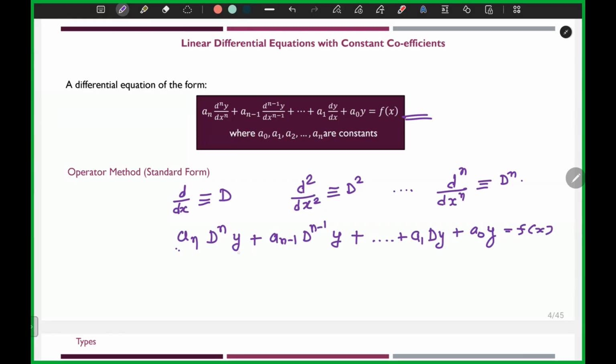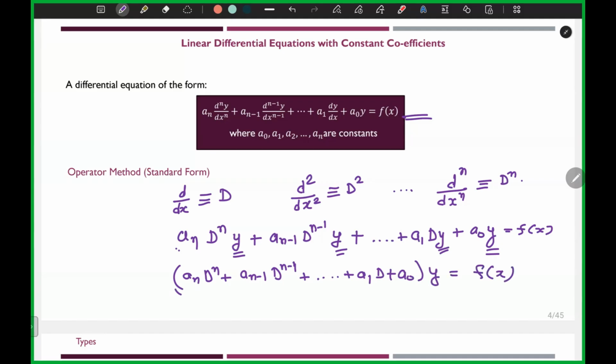So we can take y common from here. It is nothing but (a_n D^n plus a_(n-1) D^(n-1) plus ... plus a1 D plus a naught) y equals f(x). And we can call this F(D).